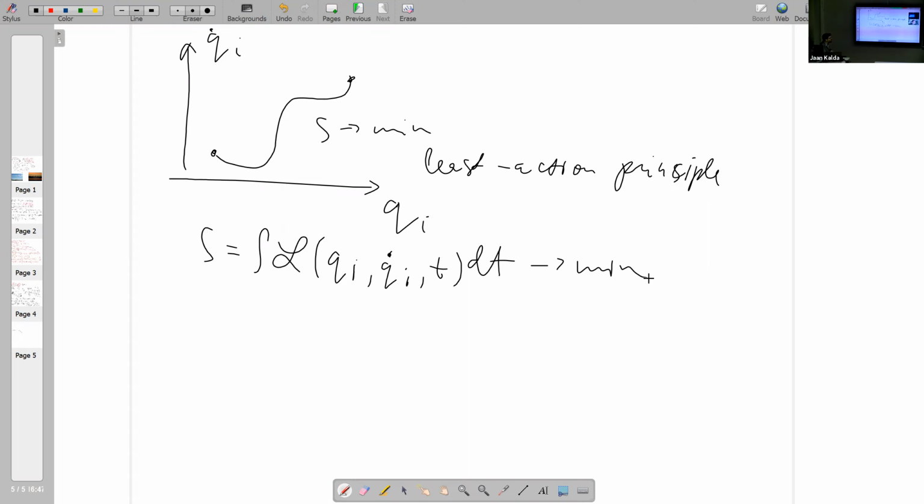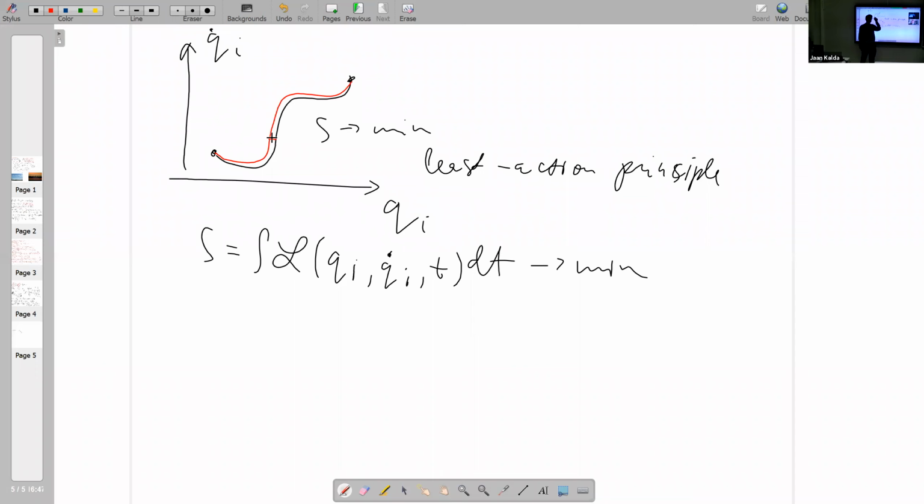And so using this, the next step would be to derive the differential equation from this least action principle. We consider small perturbations of the trajectory. Let us say this is the true trajectory, but let us consider a small perturbation which goes a small distance away.